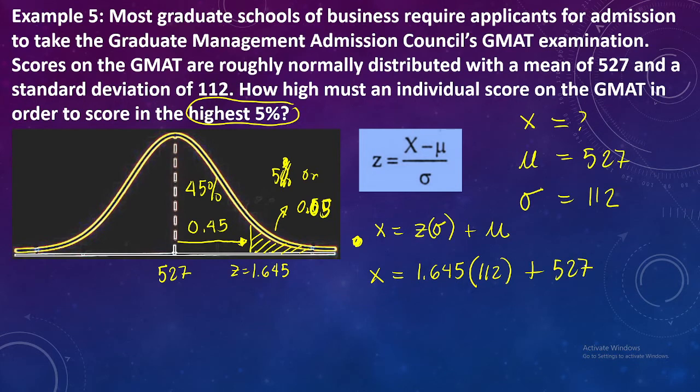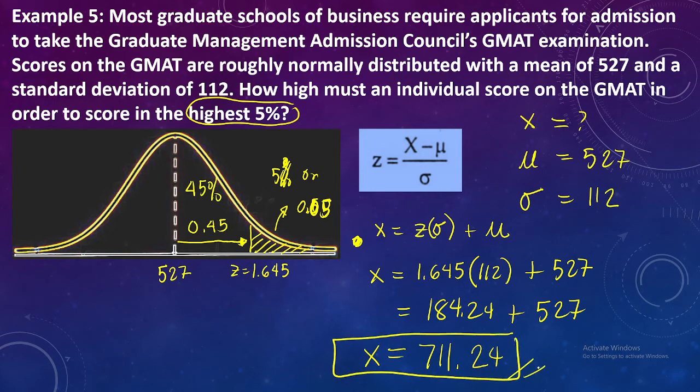So 1.645 times 112 will give us 184.24, plus 527. The result is 711.24. So for the highest 5%, the score is 711.24 and above.